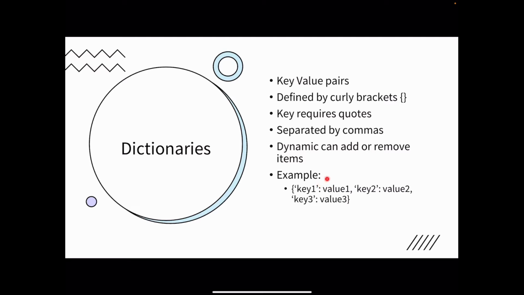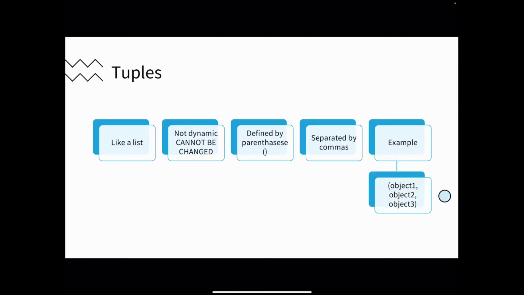Because these don't have quotes around them, this is telling me that this is more than likely a variable that was declared somewhere else in the script, and it is referencing the value of that variable. If these were included in quotes, that would be telling me that this was a string. But also, they could be lists, they could be tuples, I could have dictionaries nested inside of dictionaries, possibilities endless.